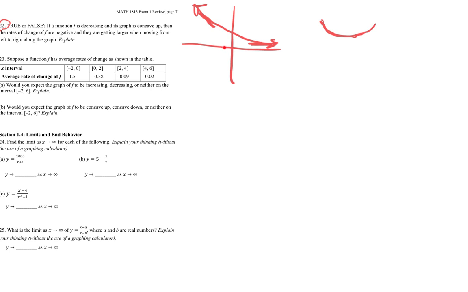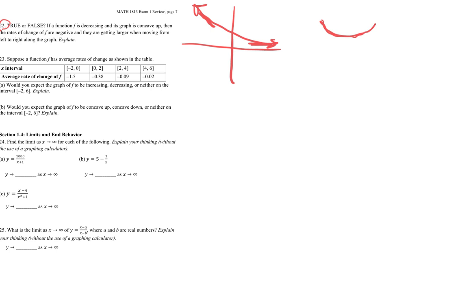So we're going from here to here, and our rate of change is getting larger. Well, that's kind of the definition of concave up, that our slope is increasing as we move along. So even though we're decreasing here, our slope is getting larger, or at the very least, even though it's negative, it's still getting larger as it goes.